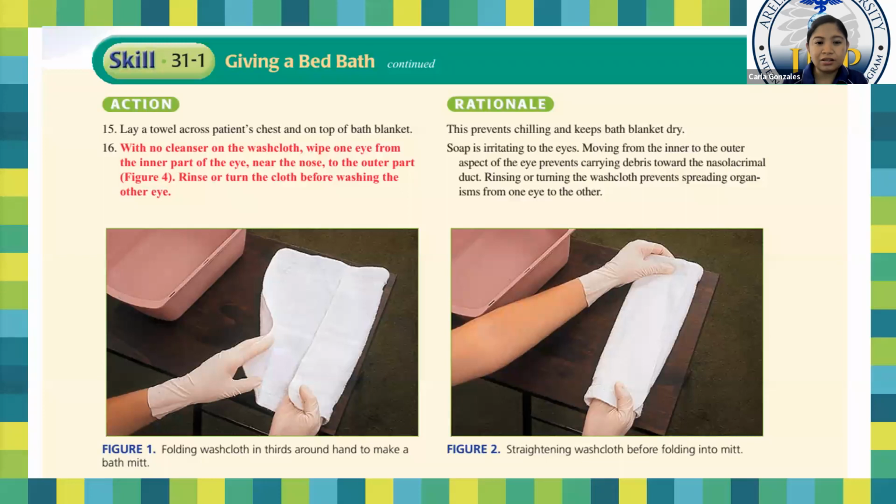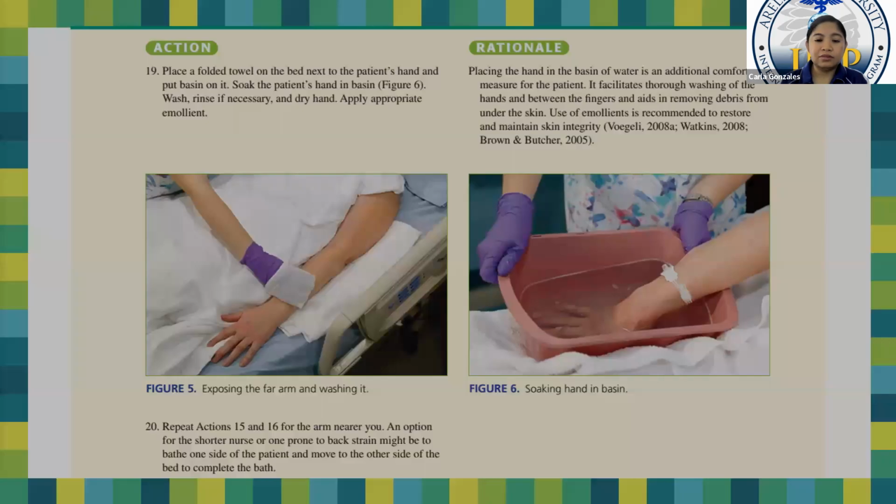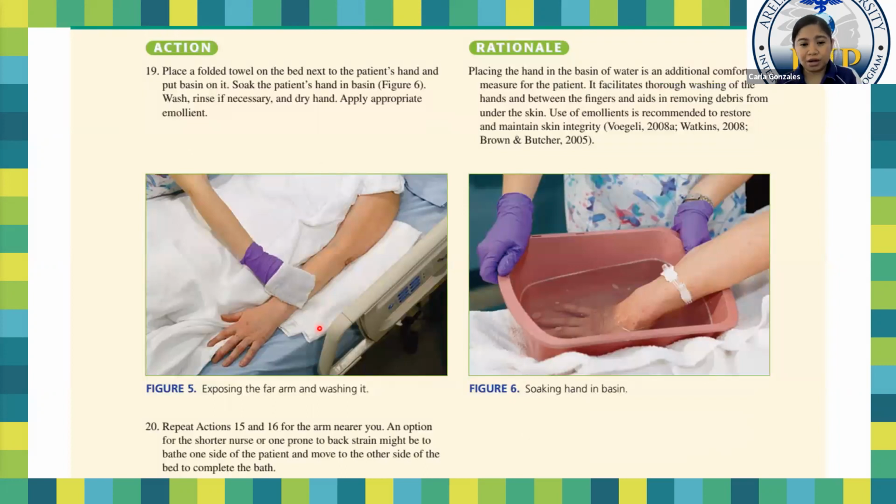So straightening the washcloth. Yeah, so you start by wiping the patient's eyes. So same thing, inner canthus going to the outer canthus. Yeah, so then you clean the patient's face, you cover the face, the neck, the back of the ears. That's important. And then the next thing to wash would be the upper extremities.